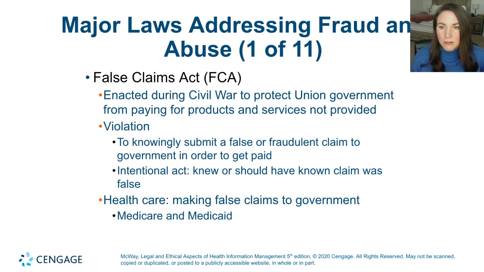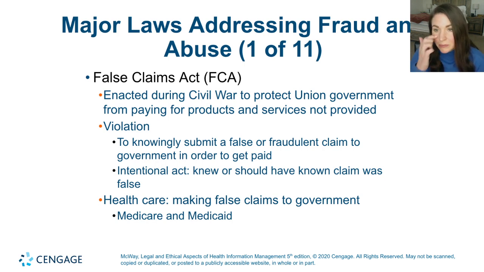All right, the federal government has responded to this by passing a lot of legislation. The first one we'll talk about is the False Claims Act, or FCA, which was enacted during the Civil War to protect the Union government from paying for products and services that weren't provided for them.